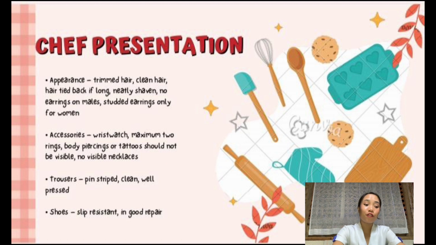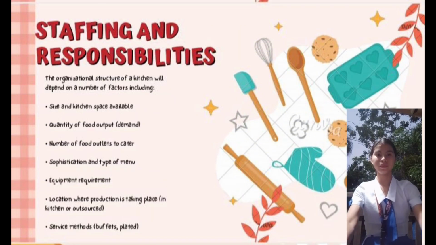So while in food safety, you maintain cleanliness and hygiene. While in customer perception, it is instilling confidence in the food they prepare, and the leadership is setting a professional example for the team. So that's the presentation of a chef.